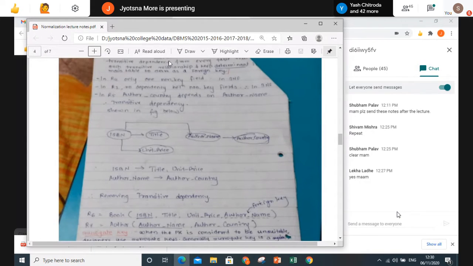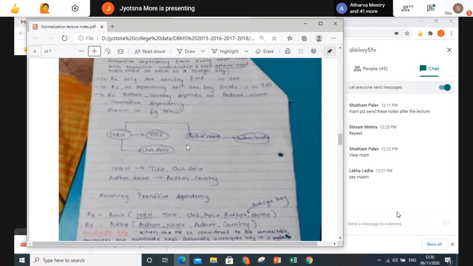One more, here I can show you with an example, which is my transitive functional dependency.